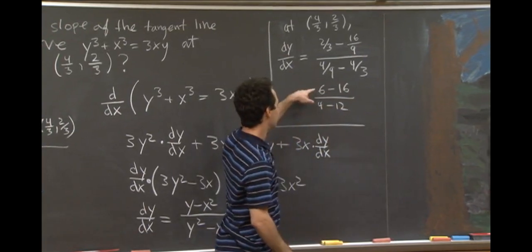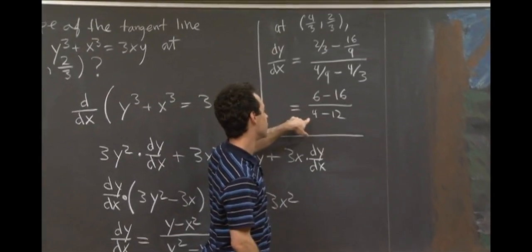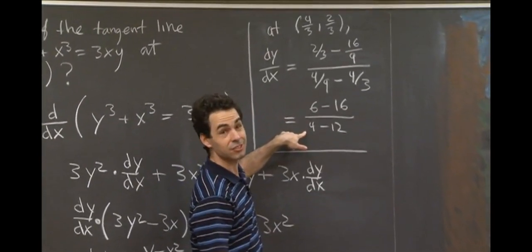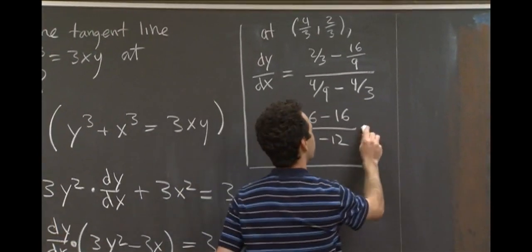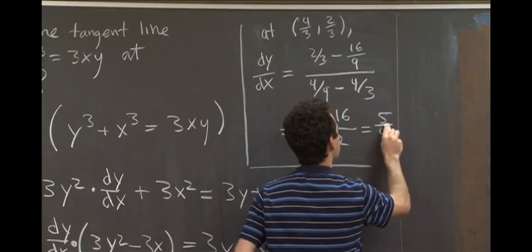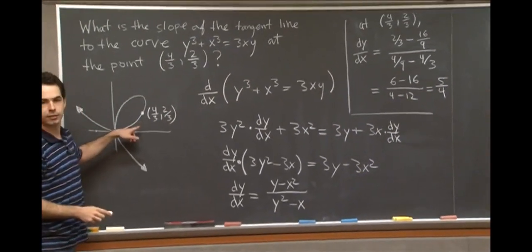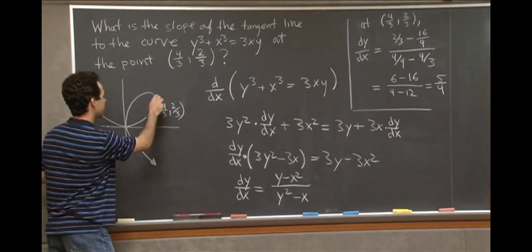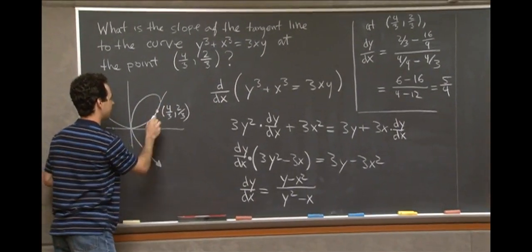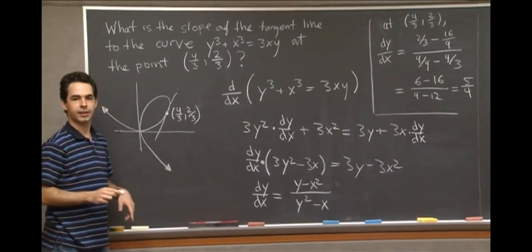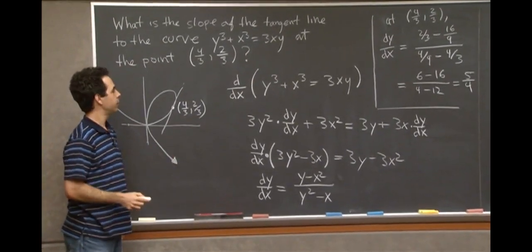So this is negative 10 over negative 8, which is 5 over 4. And if we go back to the picture that I drew, it actually looks pretty reasonable over here, right? The slope of this tangent line is actually a little bit bigger than 1 there. Great. So that's that.